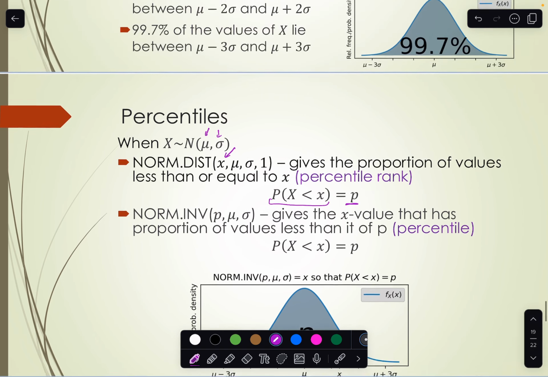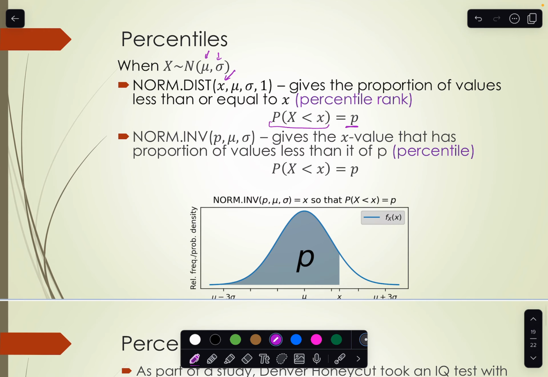Well, that proportion is pretty much a percentile, except it's not multiplied by 100. A percentile is a percent between 1 and 100. So if I wanted to find the percentile rank, I would take that value here and I would multiply it by 100.